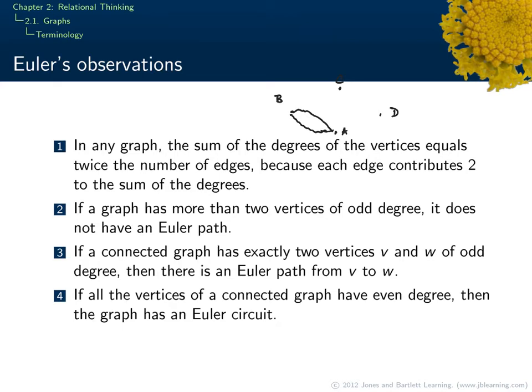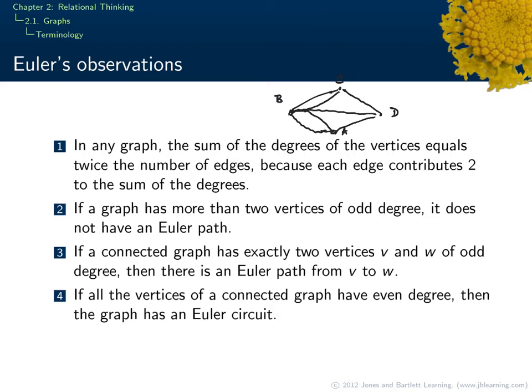The same thing with B to C. There are 2 edges. And then there's a single edge from C to D, single edge from A to D, and a single edge from B to D.